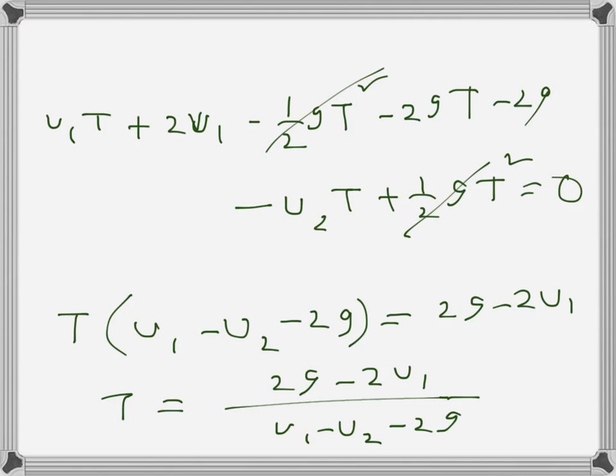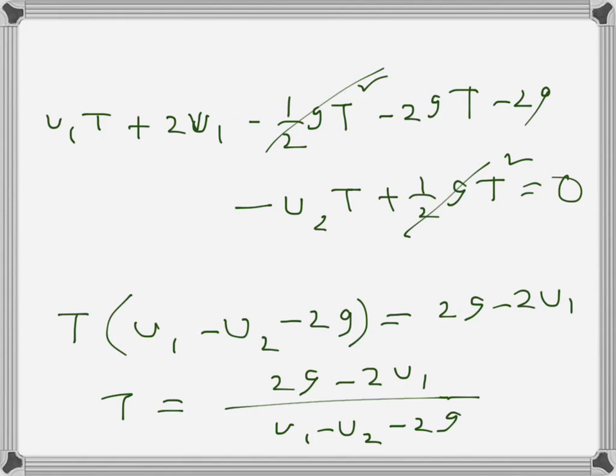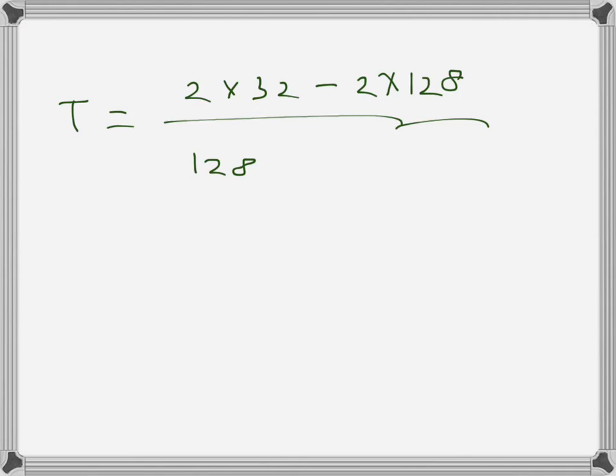So t will be 2g minus 2 u1 over u1 minus u2 minus 2g, which is 2 times 32 minus 2 times 128, and the denominator will be 128 minus 256, and then minus 2 times 32.